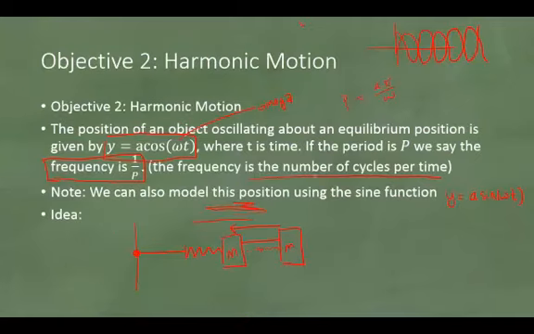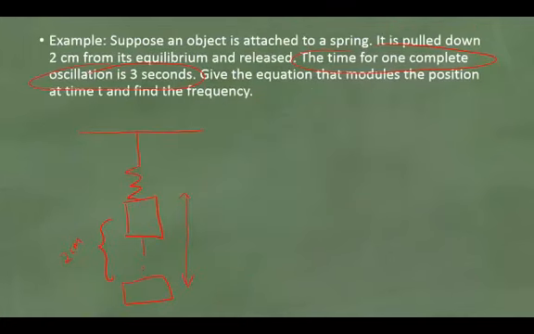Remember that the number of cycles per time is the frequency. The period is the time it takes you to complete one complete oscillation.